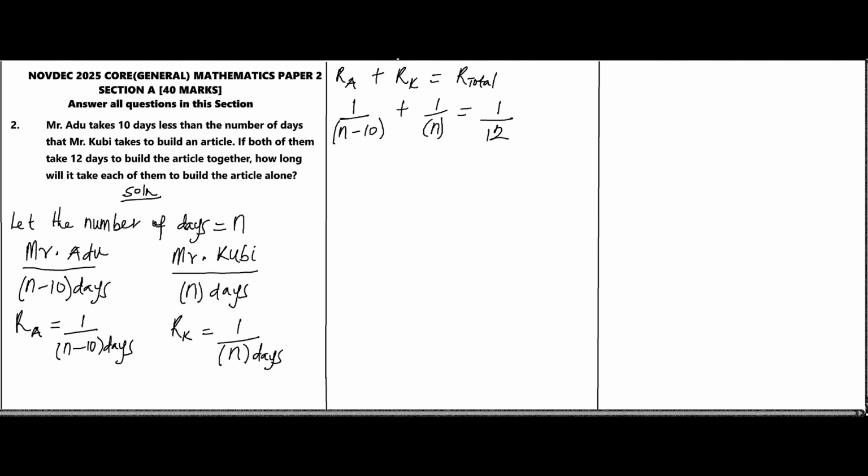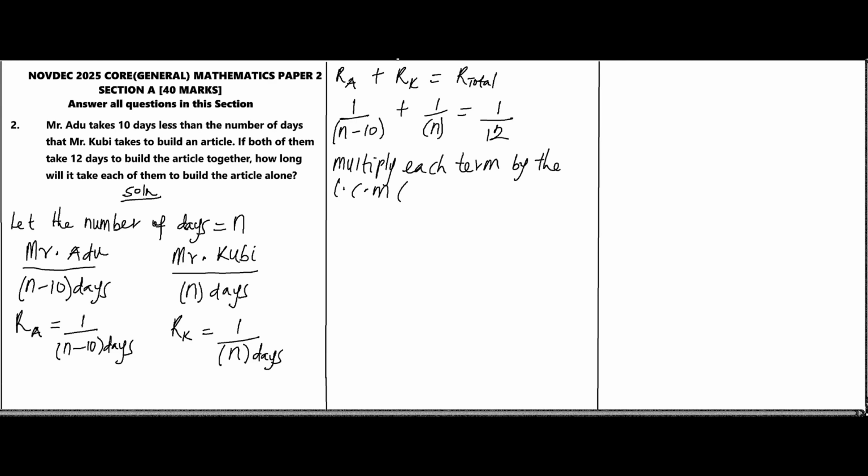So what do we do? We need to multiply each term by the least common multiple, the LCM. And what is the LCM?